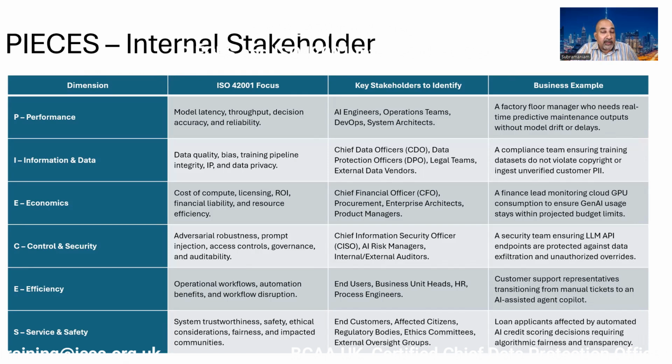In fact, AI security officer is an emerging certification because of the complexity in artificial intelligence security. Efficiency is for end users, who want to use it at their best, so operational workflows, automation, etc. are for them. Service and safety: system trustworthiness, ethical consideration, fairness. We always say FATE: fairness, accountability, transparency and explainability for an AI officer.